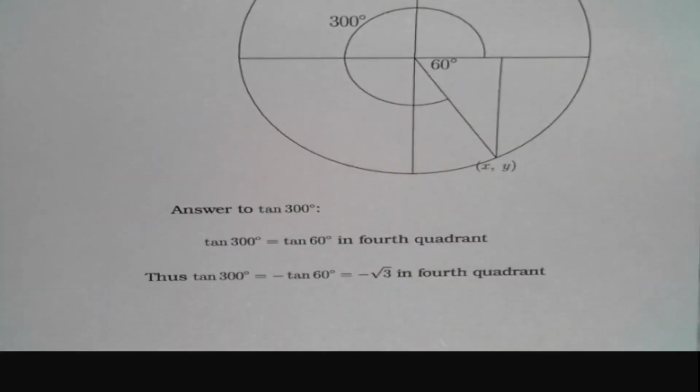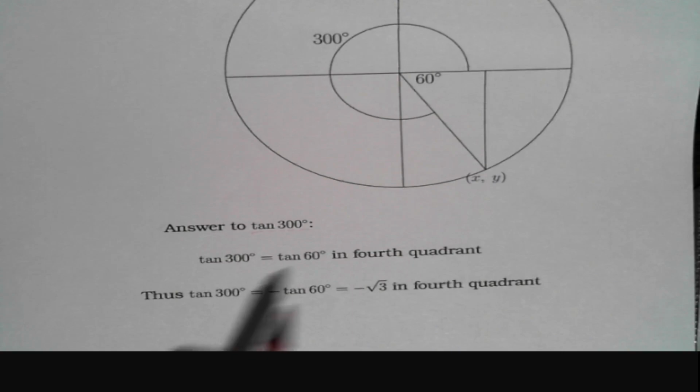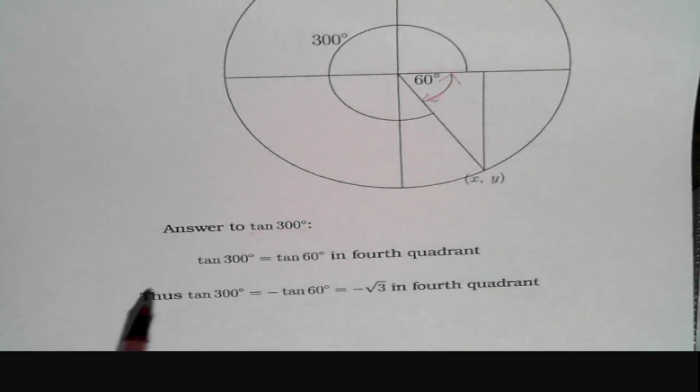Now, the next problem was tangent 300 degree. In the same token, you go from here 300 degree, then you leave 60 degree between the x-axis and hypotenuse. Which means tangent 300 will be the same as tangent 60 degree in quadrant 4.